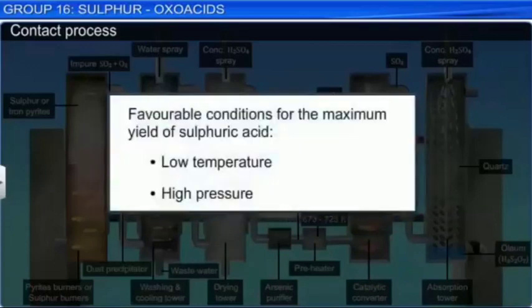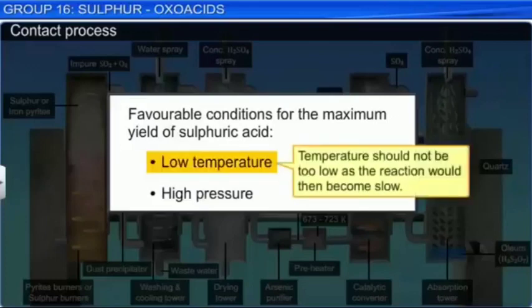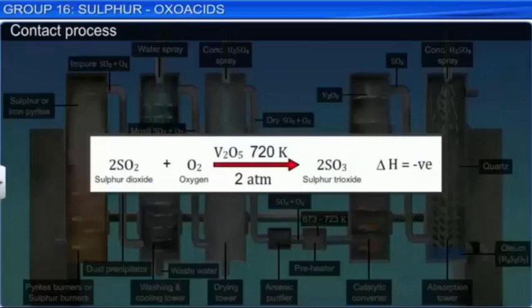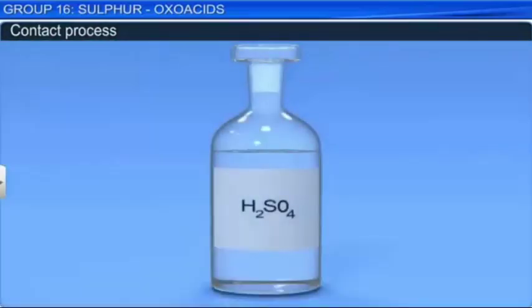Hence, low temperature and high pressure are the favorable conditions for maximum yield. However, the temperature should not be too low, as the reaction would then become slow. In practice, the reaction is carried out at a pressure of 2 atmospheres and a temperature of 720 Kelvin. The sulfuric acid obtained by this process is 96 to 98% pure.